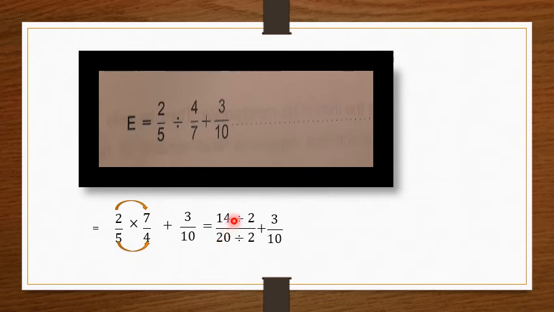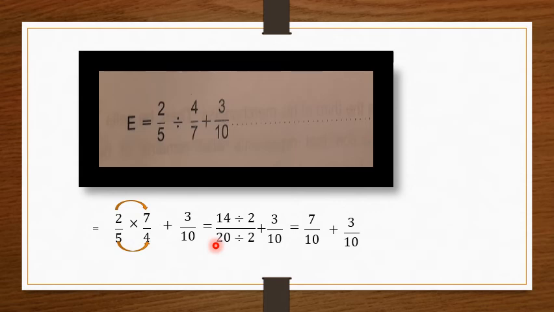14 and 20 both are even numbers, both can be divisible by 2, so it's 7 over 10 plus 3 over 10. Did you see here? I divided it by 2 to have the same denominator. One of you can say that I don't want to divide. I can multiply 10 and 3 both by 2 to have 20 as common denominator, and then later I will simplify.